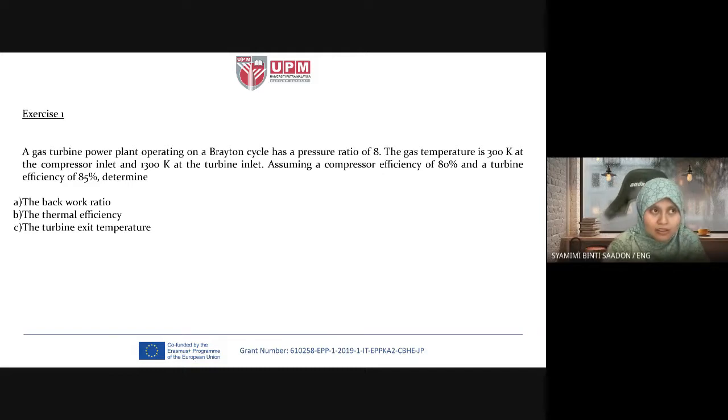So it is better, once you get the problem, to sketch the cycle in a TS diagram or PV diagram, but usually we use the TS diagram, so that you know where is your location 1 to 2, the compression, etc. You define that first. So for this one, we need to calculate the back work ratio.